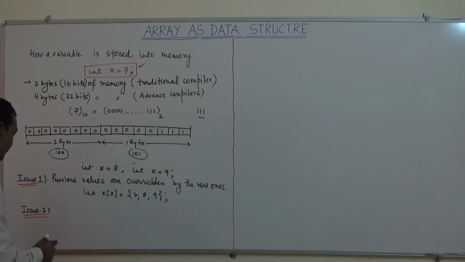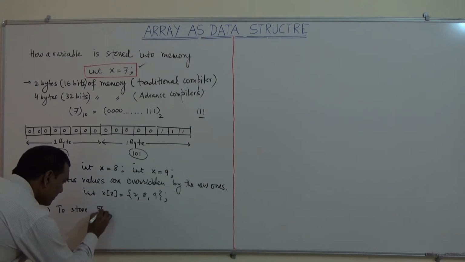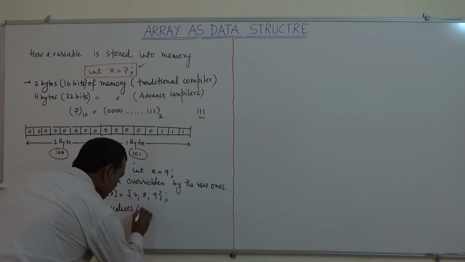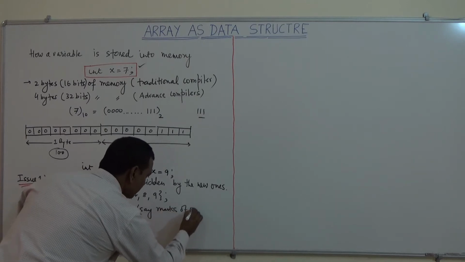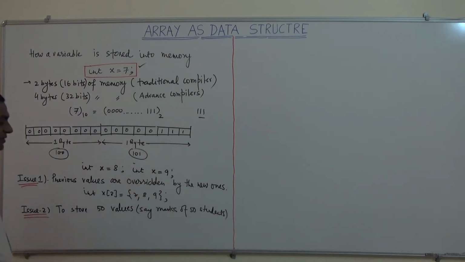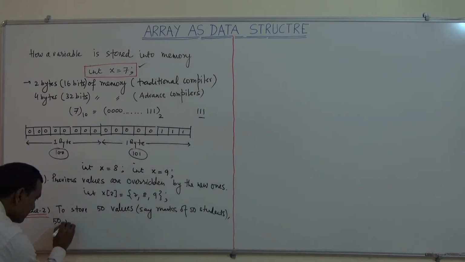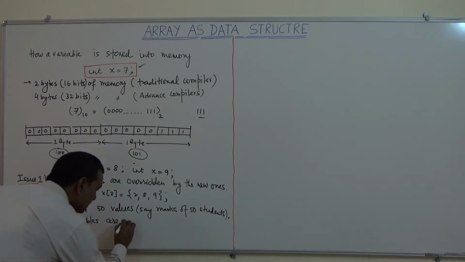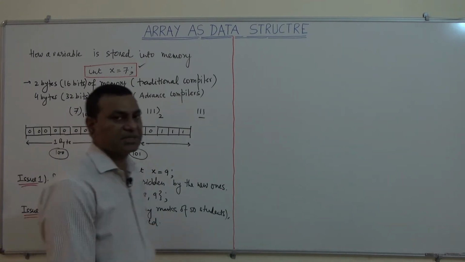Suppose we want to store 50 values, say marks of 50 students. To store 50 values, 50 variables are required if we are not using the array.